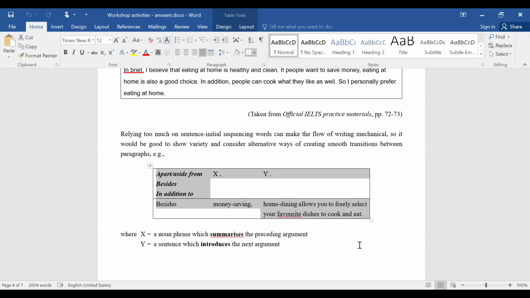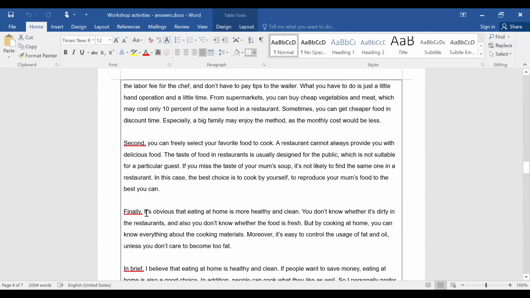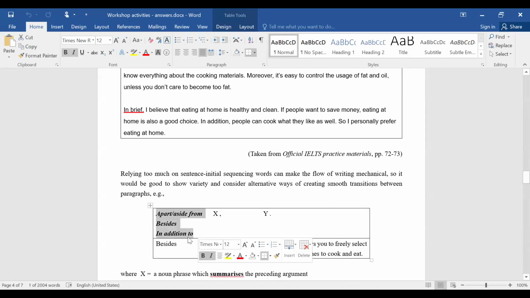We can use these connectives in order to connect the preceding argument to the next argument. So instead of just using first, second, and finally, what I mean is we can apply these words like this.